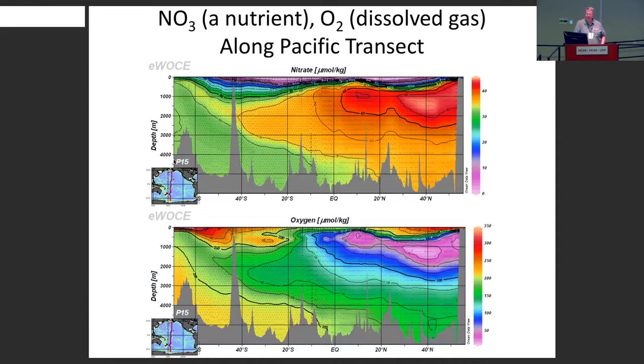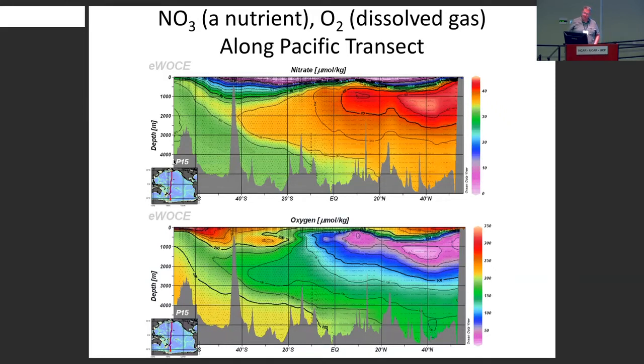There are a lot of features that are evident in these figures because of different processes in the ocean. I'm going to go through those and then talk about the processes that lead to those features in the observations, and later how those processes are represented in models.